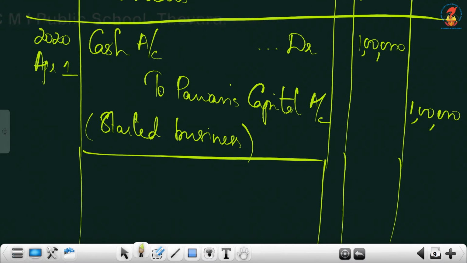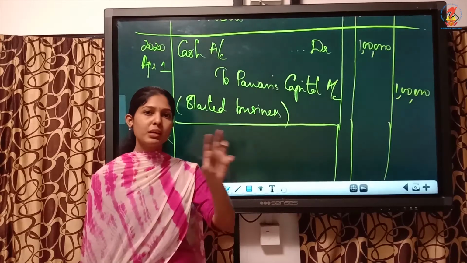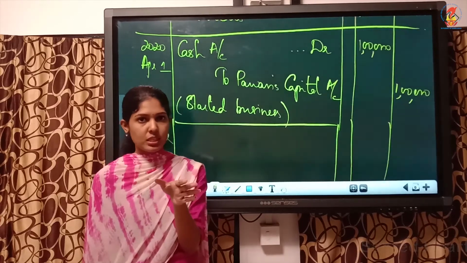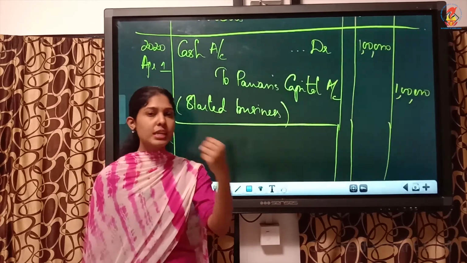The next one, April 2nd, opened bank account with check from savings account. So the firm is opening a bank account, but from where they are taking the amount? That's the question. It is from the savings account.